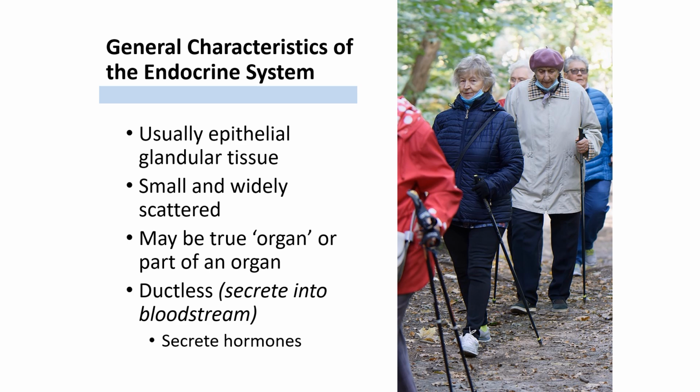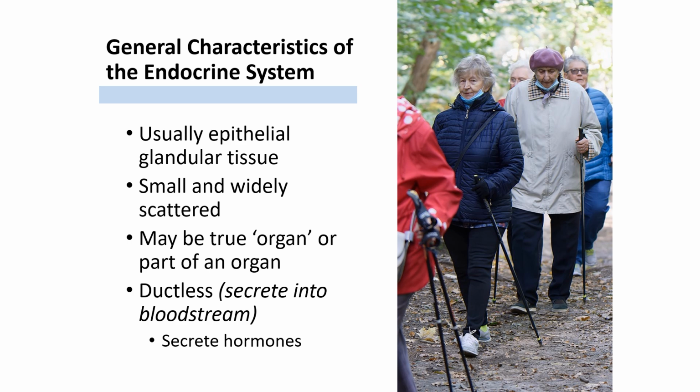What makes the endocrine system is that it is a ductless system. Okay, and what that means is that these organs have the ability to deposit their contents directly into the bloodstream. The hormones that are secreted into the bloodstream can travel to their target locations and do their thing.